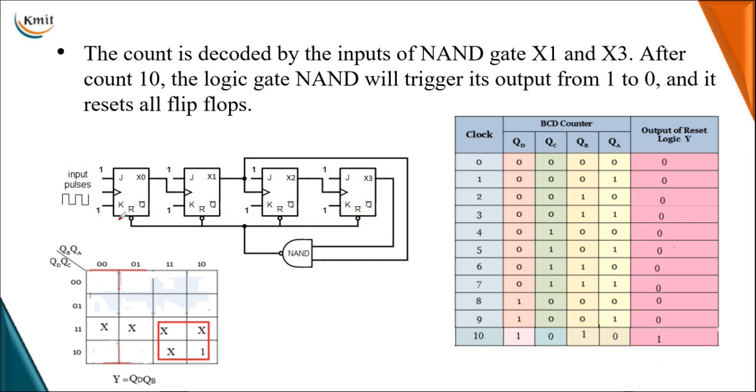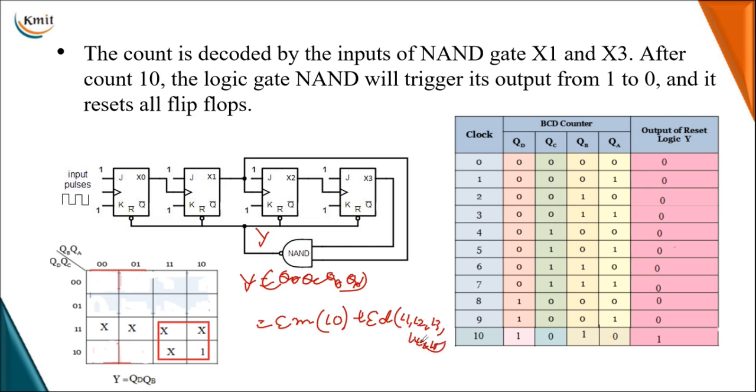So if I write the output Y as a function of QD, QC, QB and QA, as a sum of minterms, it is sigma m of 10, plus don't cares 11 to 15: 11, 12, 13, 14, 15.